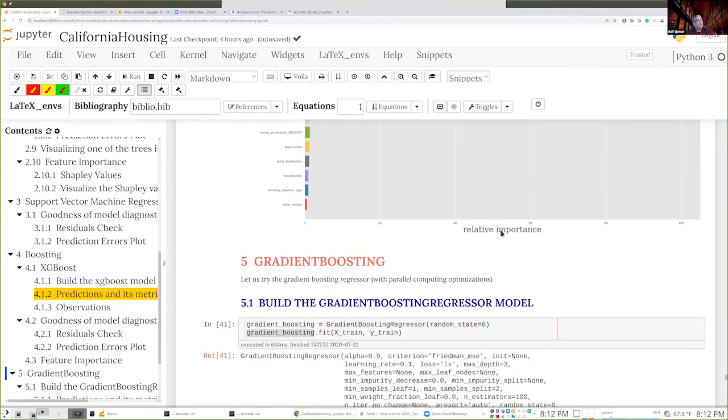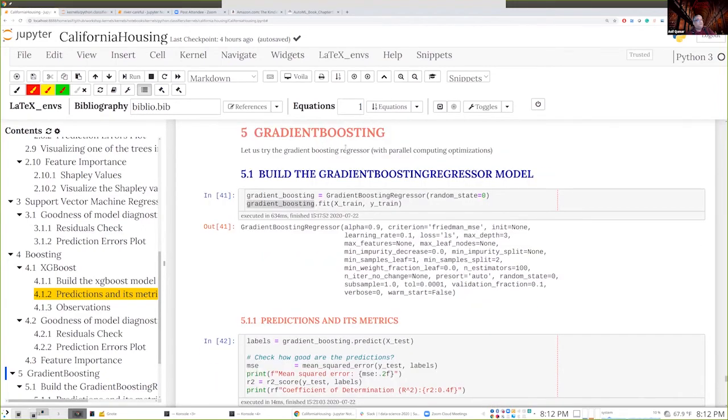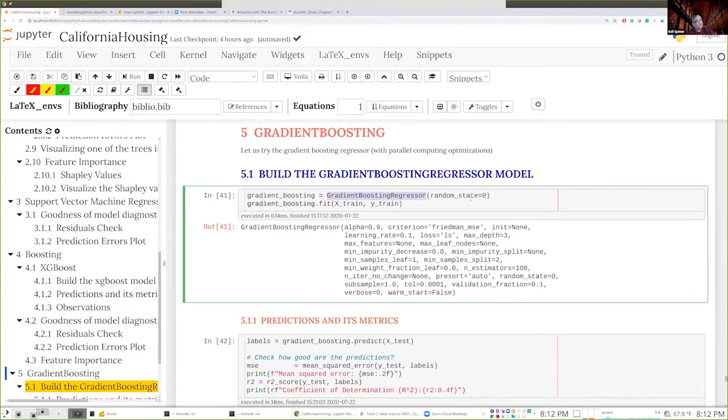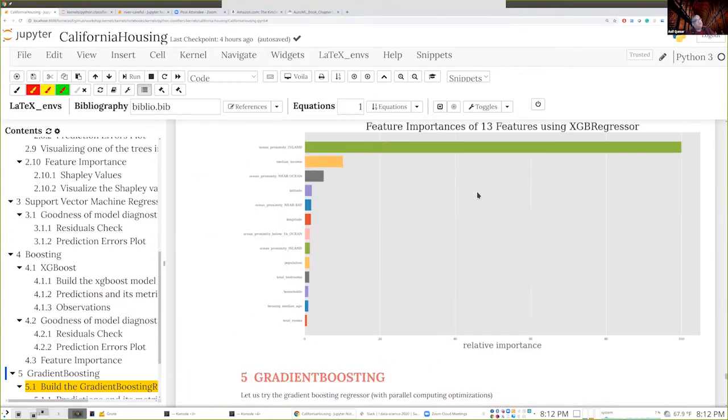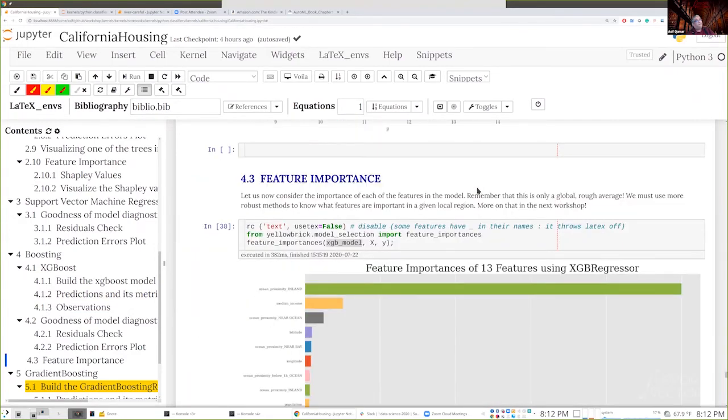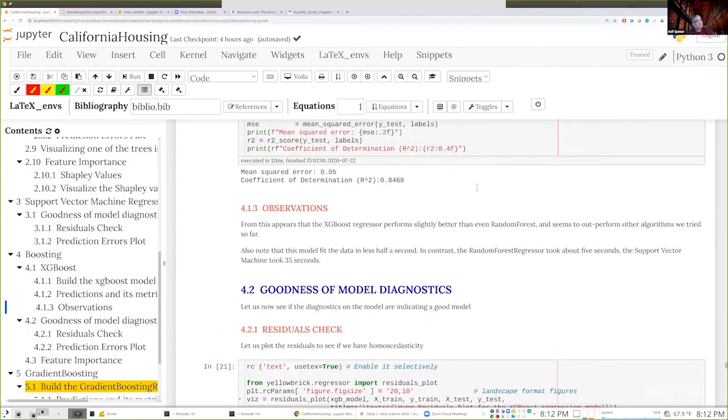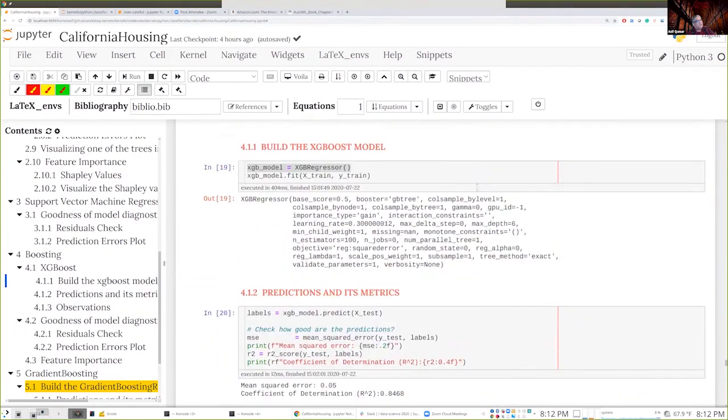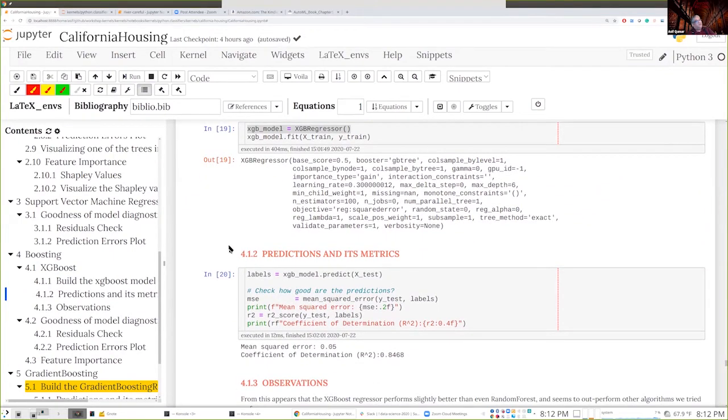There is another version of boosting that we can invoke, which is gradient boosting. One thing you notice is that when I build this model, XGBoost built itself in how much time? 404 milliseconds. It's a very simple problem, the California dataset.